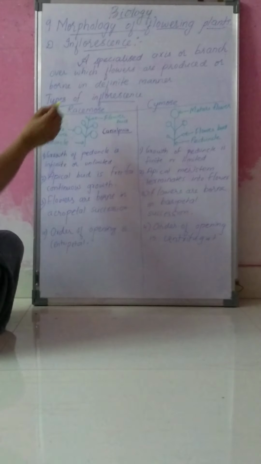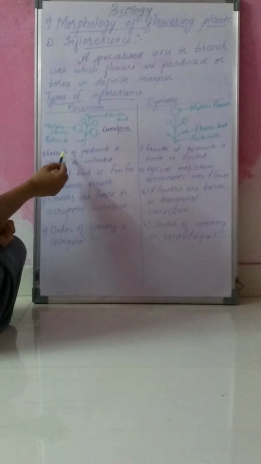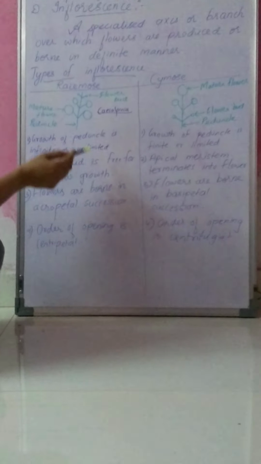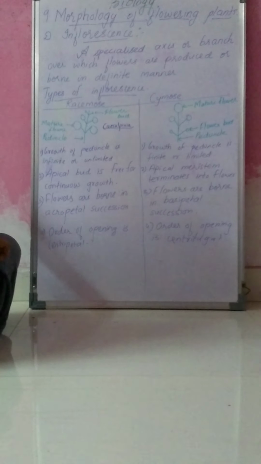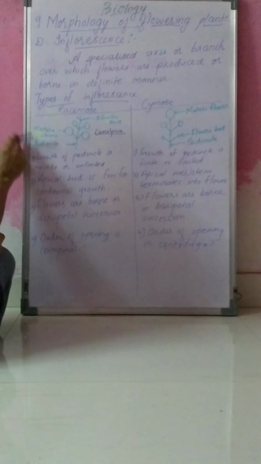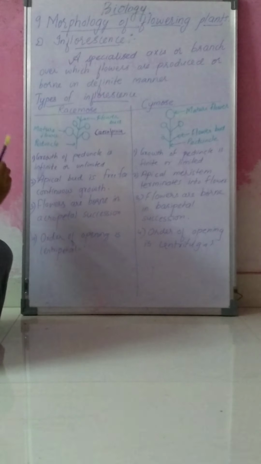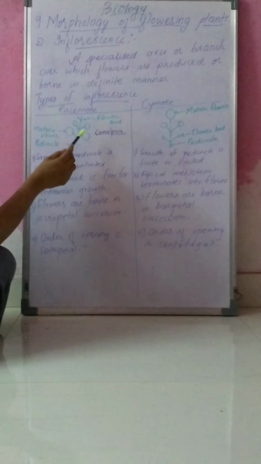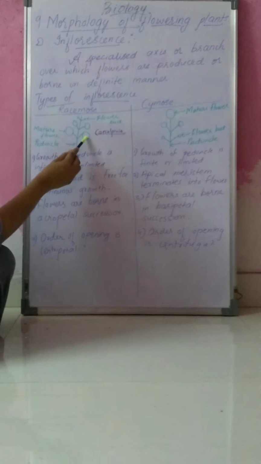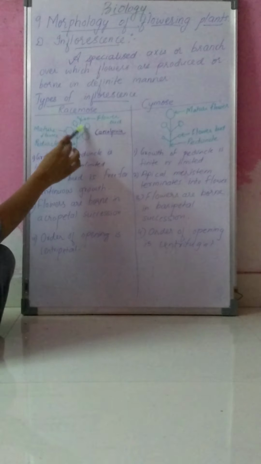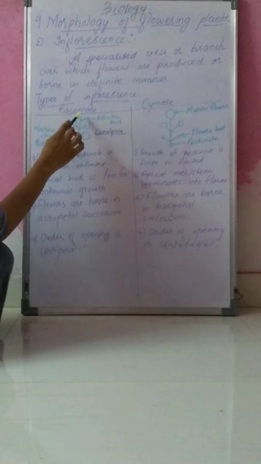Now you can see in racemose inflorescence, the growth of peduncle is infinite or we can say unlimited. Why is the growth of peduncle infinite or unlimited? Because you can see the mature flowers are present at the bottom and newly flowered, new buds are arranged.